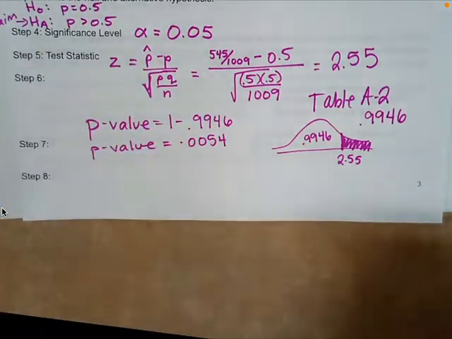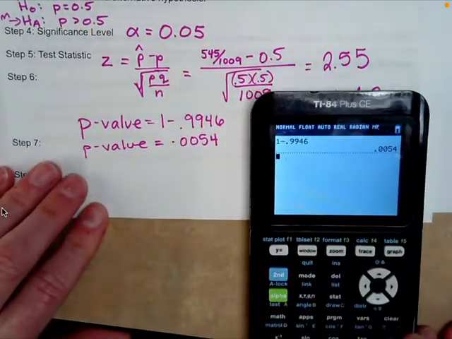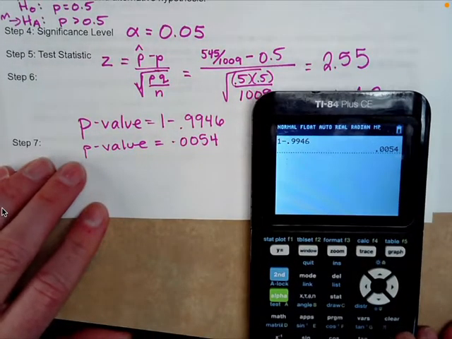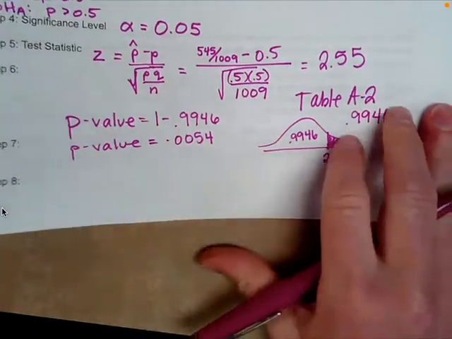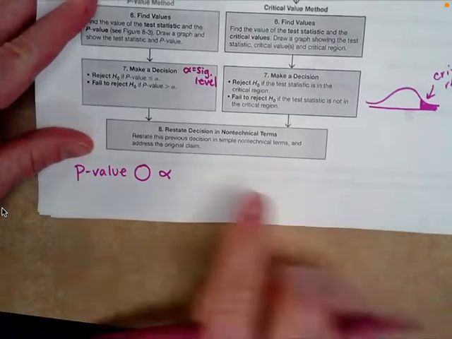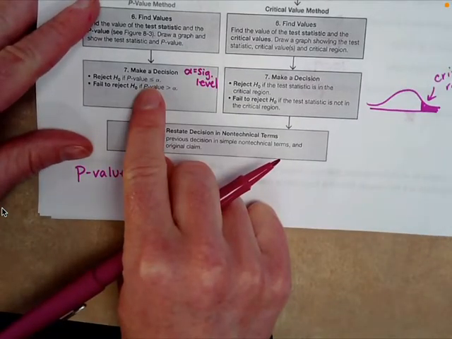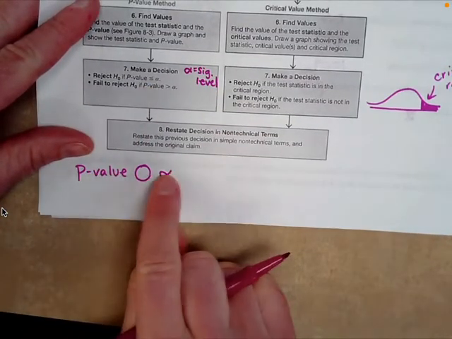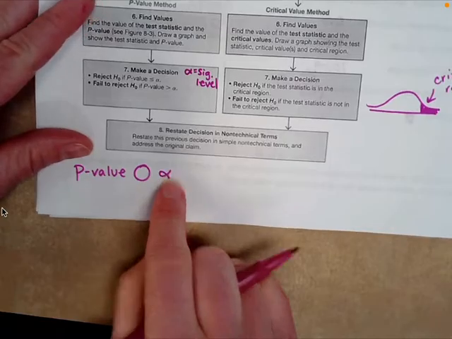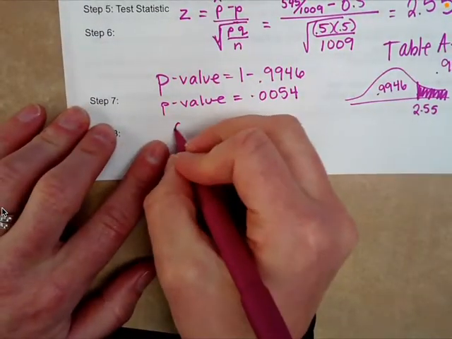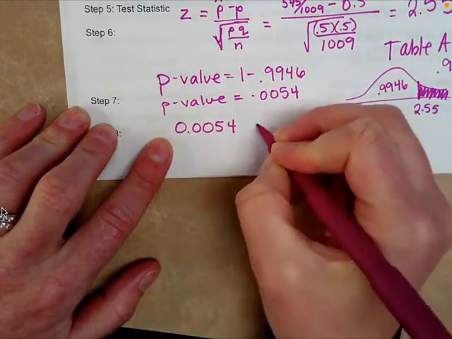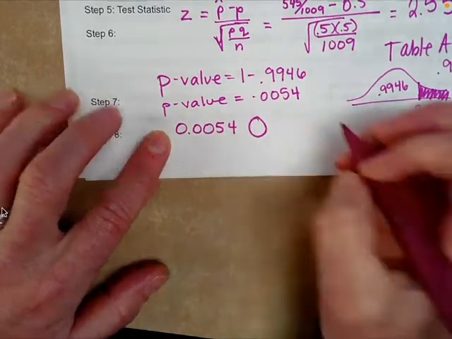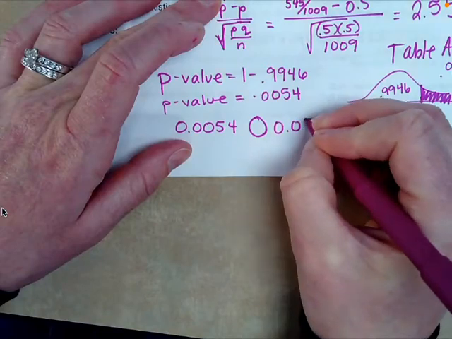0.0054 was our value whenever you subtract it. So then, when we look back at this, we're going to make a decision on step 7. We're going to compare the p-value to our significance level. So the p-value, 0.0054, compared to our significance level, 0.05.